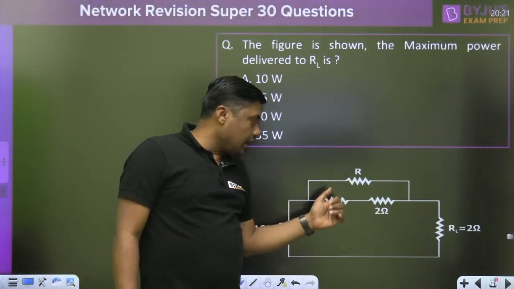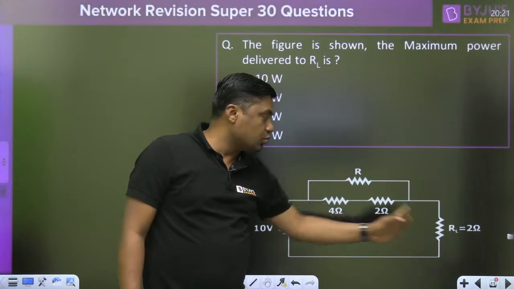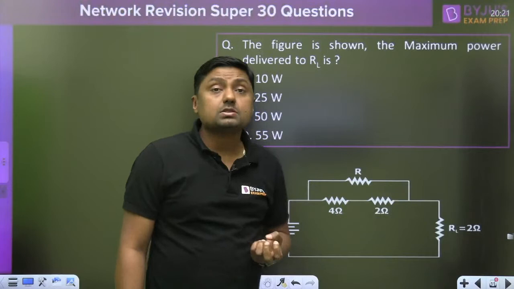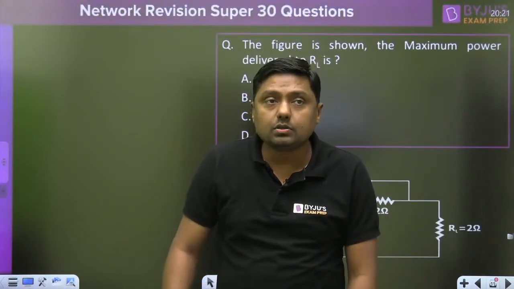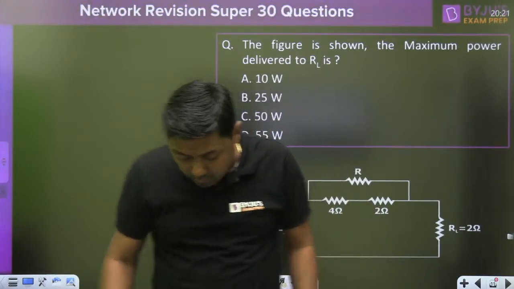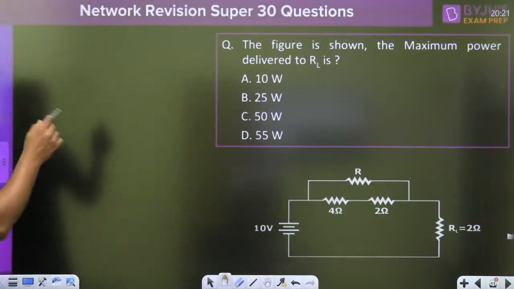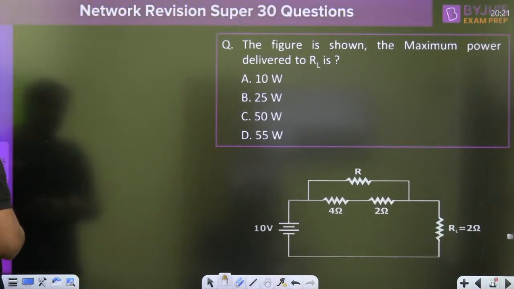So here it is the R, here it is a 4 ohm, here it is a 2 ohm resistor, and here it is given as 2 ohm resistor. In this question they may ask what should be the value of R so that maximum power is delivered to RL, and what is the value of the maximum power delivered to RL. Please tell me, what will be the answer?